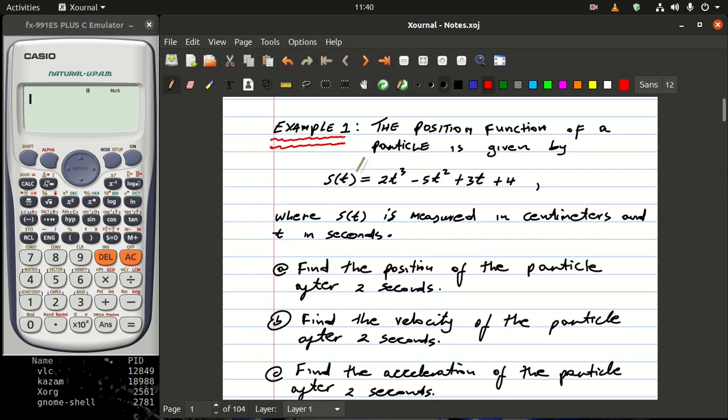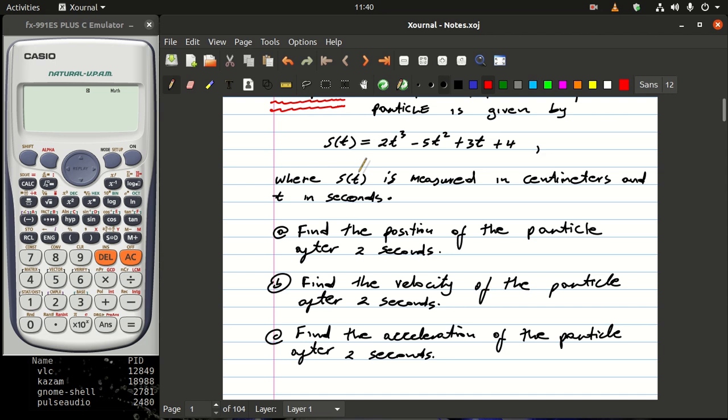So we usually want you to know how to find the position of the particle after 2 seconds, find the velocity, and find the acceleration. And we usually end there. We don't usually talk much about the jerk.